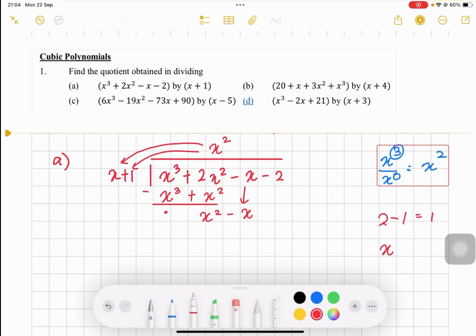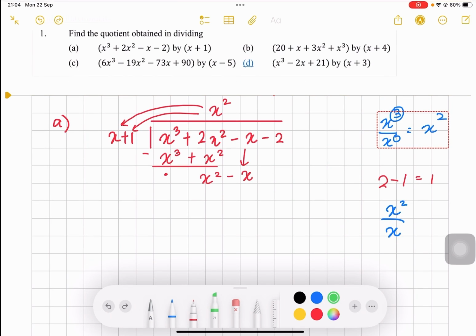We want to eliminate x squared, so x squared divided by x. Where do we get x, you're wondering? You will get 2 minus 1, 2 minus 1 is 1, so x power of 1. So just put here x power of 1.